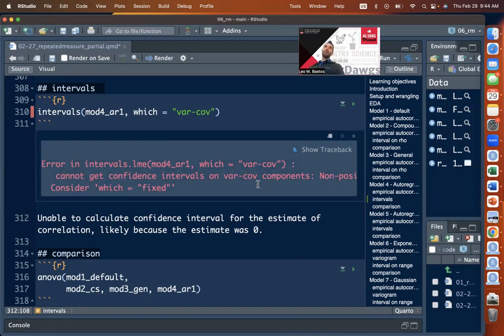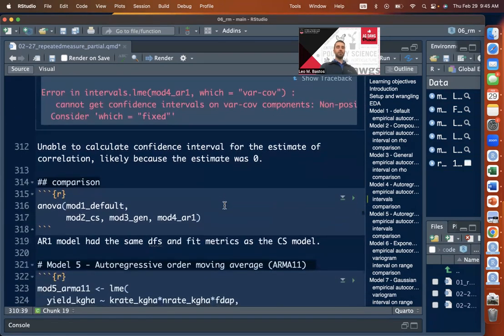I think that's what's going on. But let me check this. Did anyone get a different output? Was it able to estimate for anyone? Okay, that's what I would expect. And I think it comes back to the fact that the correlation that was estimated was equal to 0. So it has a hard time giving us intervals for that.